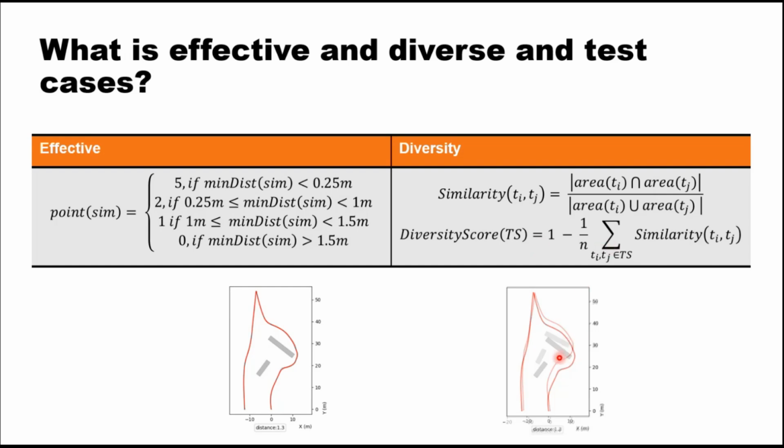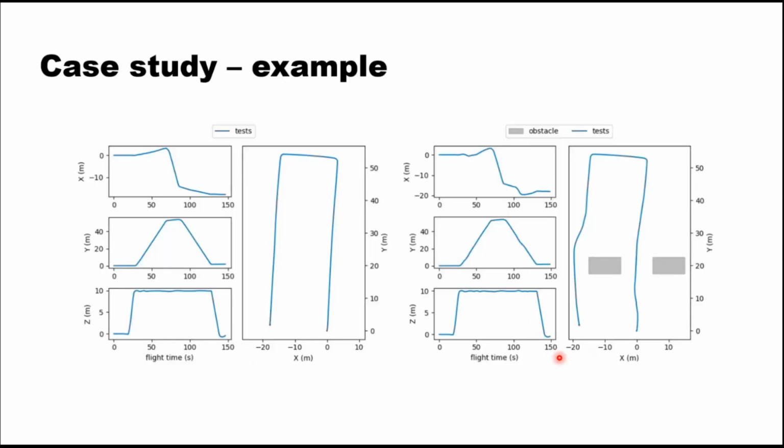So if you have your test cases apart from each other, you get a better diversity score. This is, of course, not the only way of doing this, and we are actually exploring how better we can measure diversity between these test cases. Chris will give more light on that.